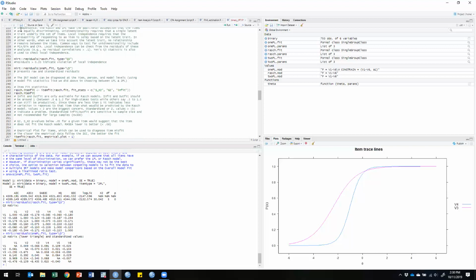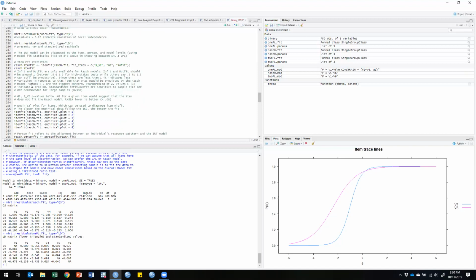A lot of times I see people check this from the unidimensionality test. We fit a 1-factor EFA and tested it against a 2 or 3-factor EFA, the 1-factor fit the data the best, and it has a bunch of small residual correlations. We can also diagnose the IRT model at both the item and person level.